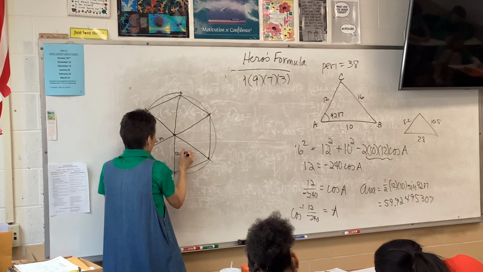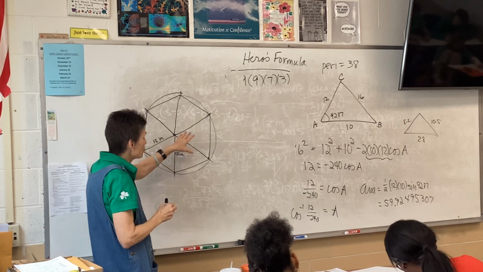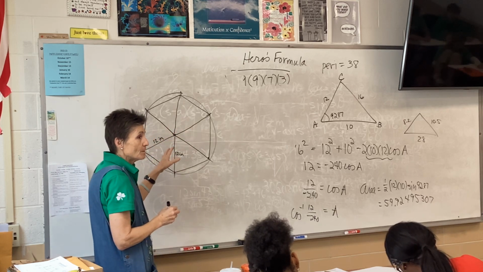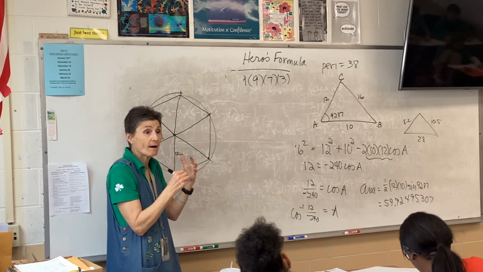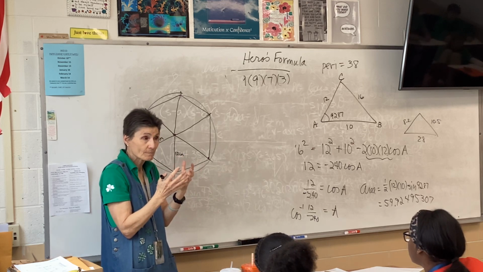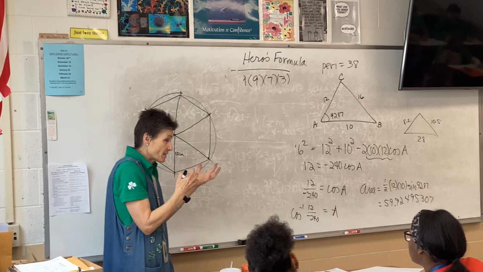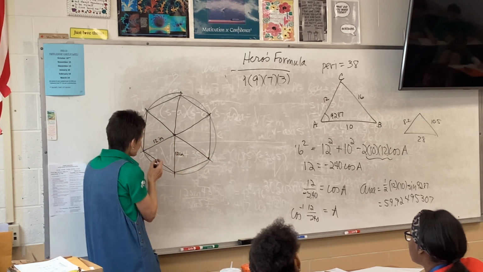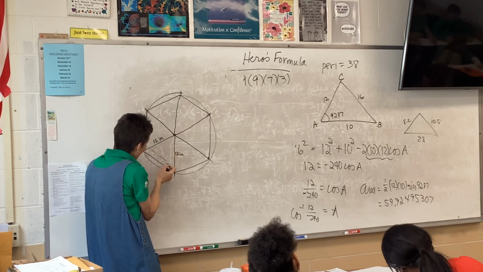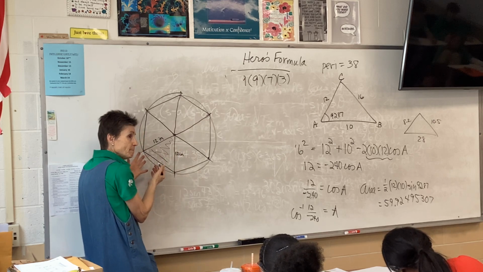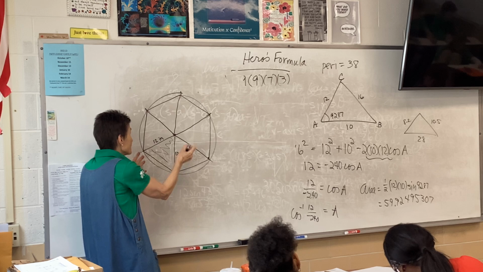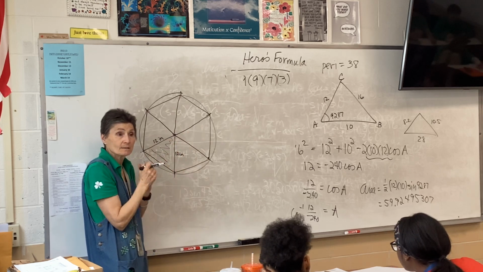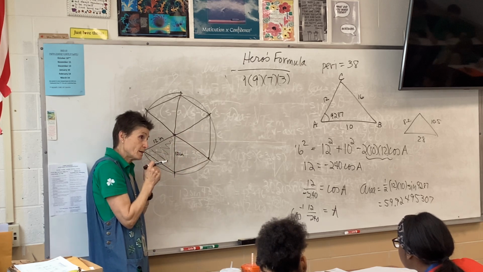If I draw in all of those radii, you notice that I now have triangles. There are 6 of them, and they are all the same. So if I could somehow find the area of this triangle, let's say, then I would multiply it by 6 and have my answer. Would you agree?